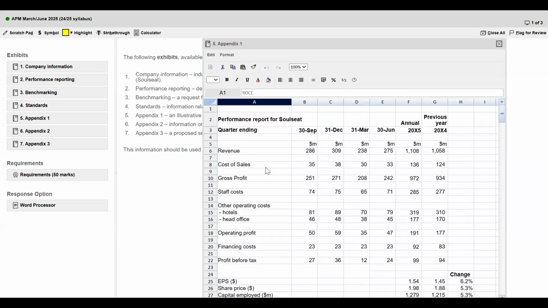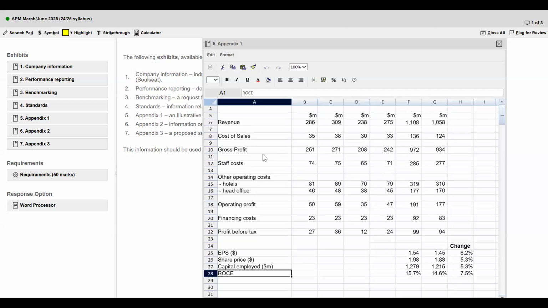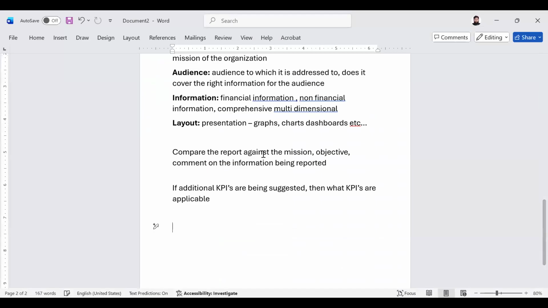Okay, now let's see. If I were to comment on this specific report, I would list down some pointers.